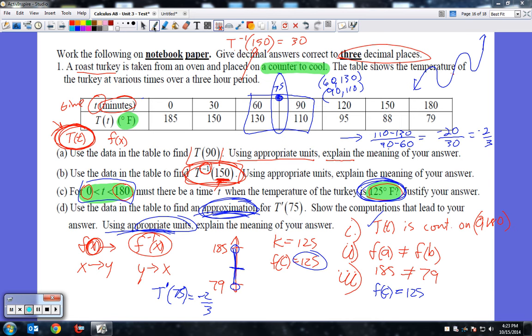So negative 2/3, the change is over time, over minutes. So it's changing by negative 2/3 degrees Fahrenheit for every minute. And explain the meaning, it's just saying that it's the average rate of change. It's the average rate of change between 60 minutes and 90 minutes in degrees Fahrenheit per minute.